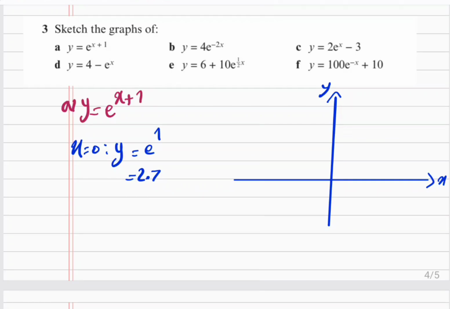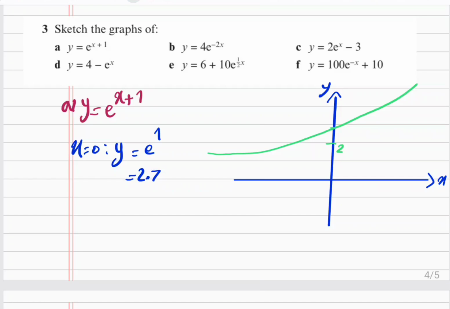So that's the y-intercept here. If here is 2, then it's slightly above that. So let's say it's here, and that's 2.7.